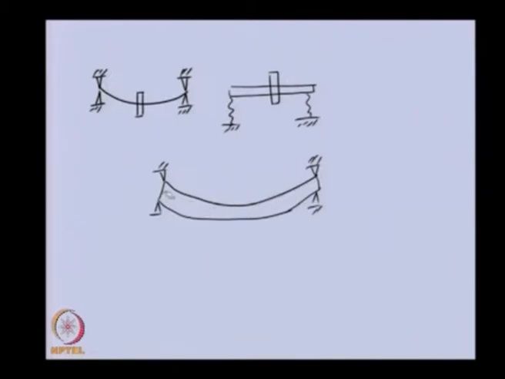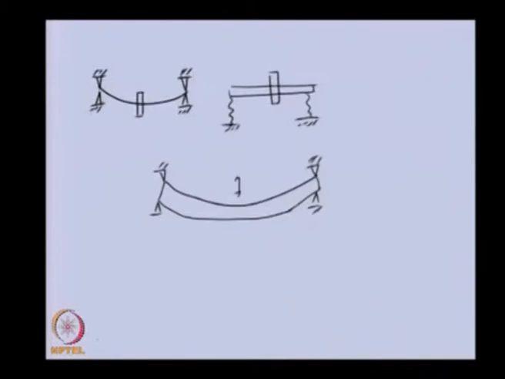So in this case the elastic property and the mass property of the shaft need to be considered continuously. This was the example given for transverse vibration, but in the present study we are interested in the torsional vibration of such a rotor system. So let us see how this can be modeled.